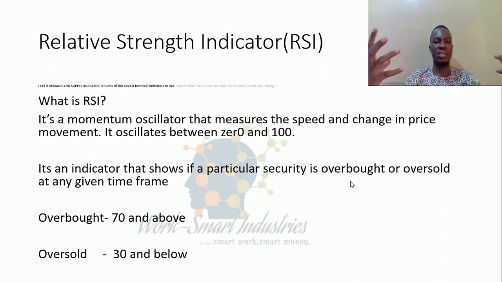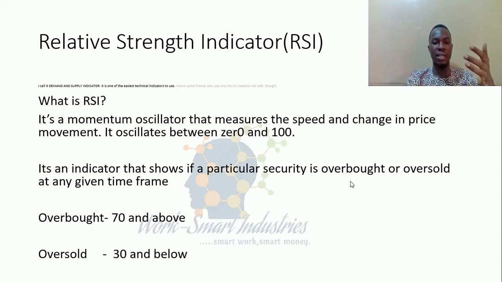I call it the demand and supply indicator because it gives you an idea of the demand and supply activity in the market, how many buyers are available and how many sellers are available, and which of them is more. And if the security is currently overbought or oversold, there are different time frames on the chart.